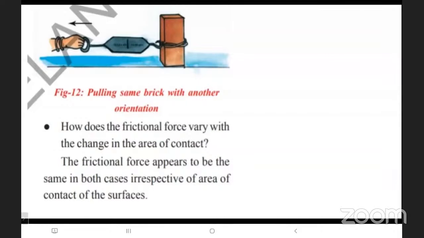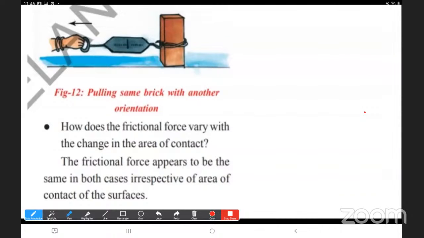There is no change in the frictional force in both cases, as the frictional force is independent of the area of contact. Area of contact does not affect the frictional force. When the brick was kept horizontally and now upright, in both cases there is no change in the frictional force; it is equal.